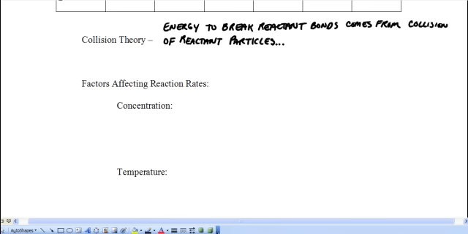Well, let's start with concentration. Okay? Let's say that you increase the concentration. Oops, these should be brackets, not an E there, just a bracket on one side, a bracket on the other. If you increase concentration, you should have more collisions.